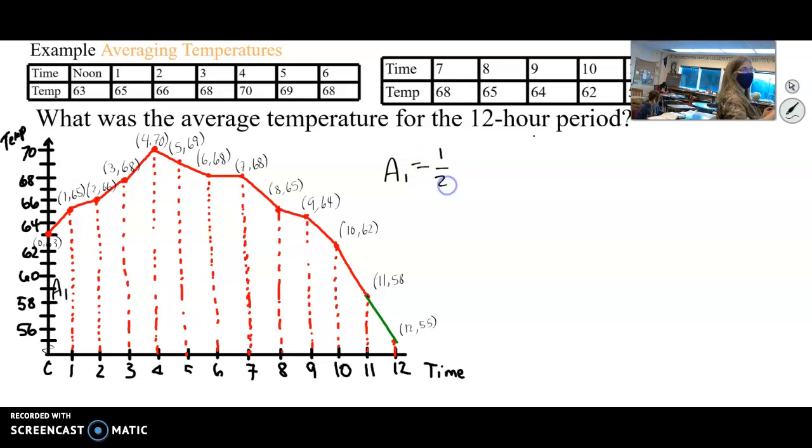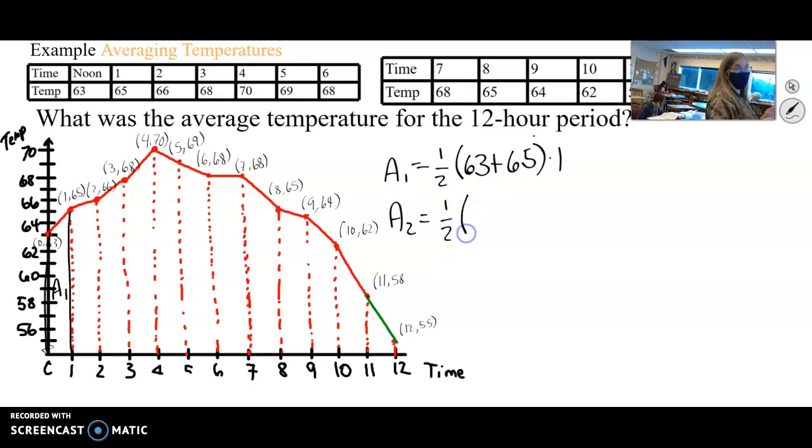I'm going to put the 1/2 out front, and then the base for this first one. At noon it was 63, plus at 1 o'clock it was 65, and then I'm going to multiply by the height, which is 1.